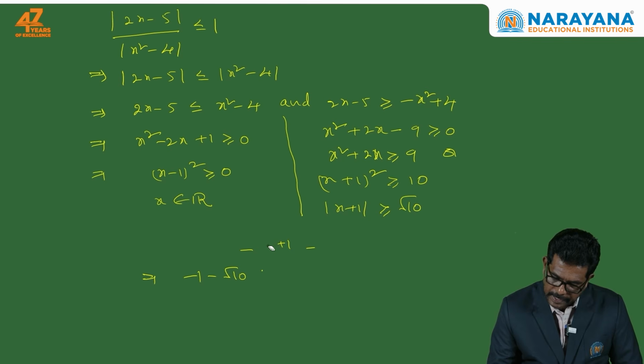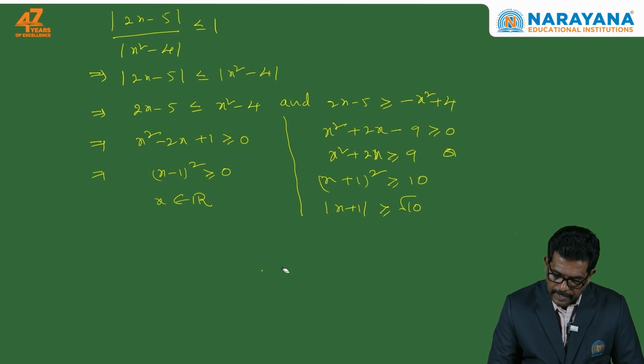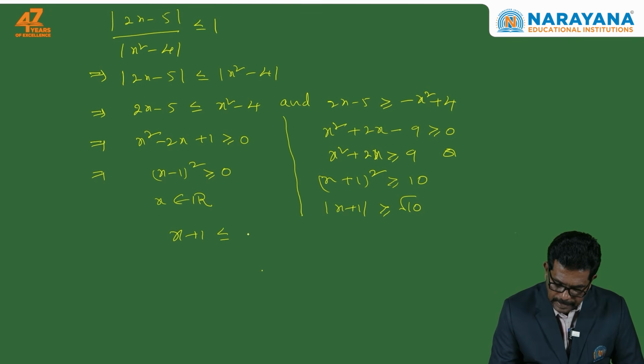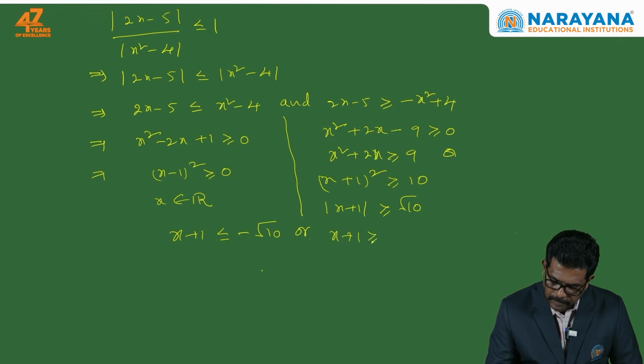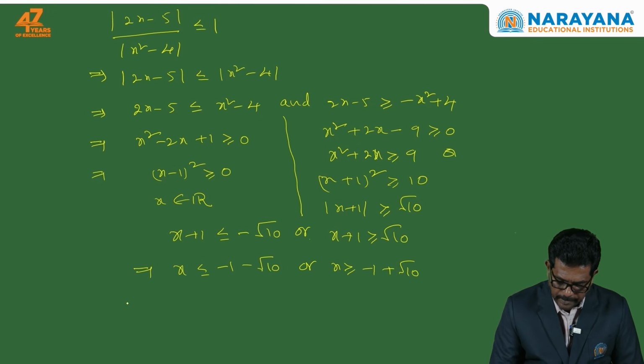So, we have the inequality. One inequality I am using here, that is x plus 1 is less than or equal to minus root 10, or x plus 1 is greater than or equal to root 10. So, from this, x is less than or equal to minus 1 minus root 10, or x is greater than or equal to minus 1 plus root 10.